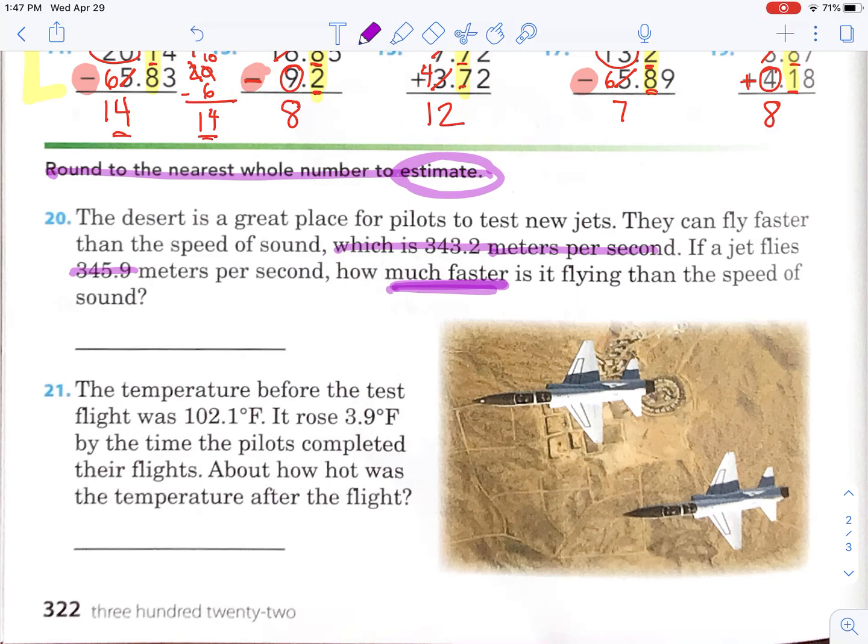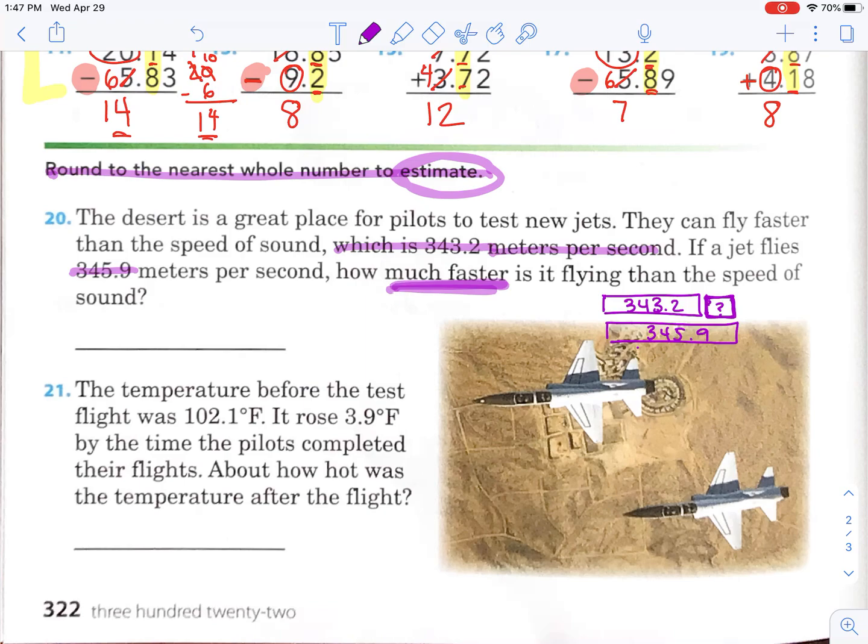So again, if we know that the speed of sound is 343.2 and the jet is flying 345.9, and we want to find out how much faster it's flying than the speed of sound, we are using subtraction.